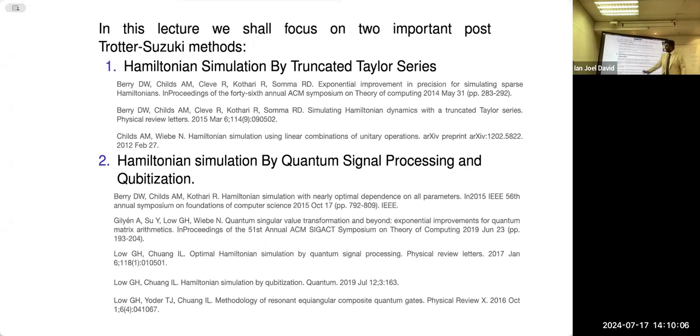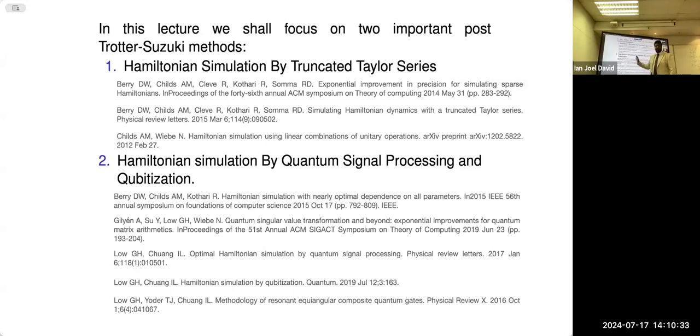And these are all the references that we're going to need to understand this method of Hamiltonian simulation by quantum signal processing. It's a bit of a rabbit hole, I should say. You want to learn about quantum signal processing, and you find out there's 50 papers that you need to read to even grasp the concept. But I've tried my best to distill all of that into just a few sources that you need, just to get a basic understanding of the power of this algorithm.